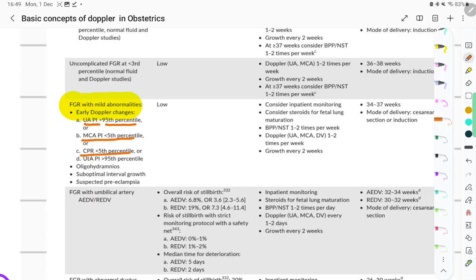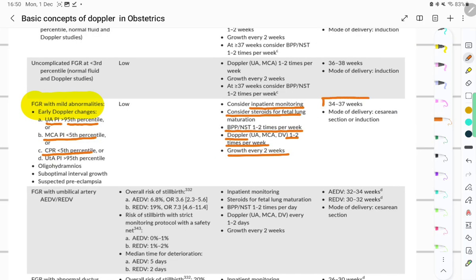Then admit, inpatient monitoring, consider steroid for lung maturity, BPP or NST 1 to 2 times per week, and do Doppler every 2 to 3 days, and growth scan every 2 weeks, and deliver by 34 to 37 weeks. Mode of delivery is cesarean section or induction.